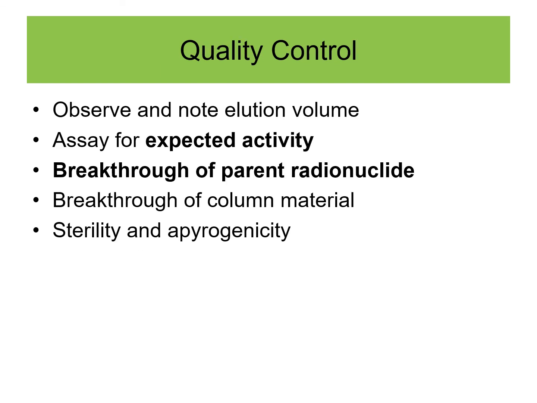Regarding generator systems, there are some quality control parameters that you need to conduct. Number one, to observe the volume of elution, number two, to assay for the expected activity, and number three, to conduct a breakthrough test of the parent radionuclide. And of course, it is important to ensure that the elution is conducted under strict aseptic method.